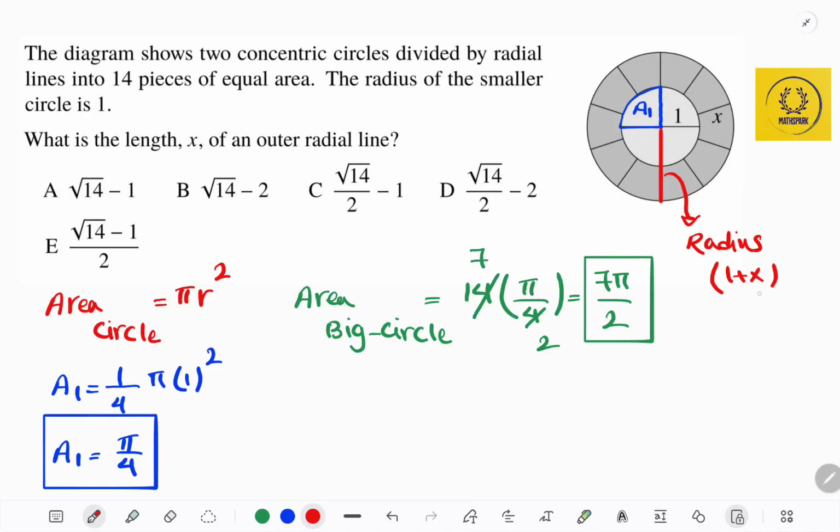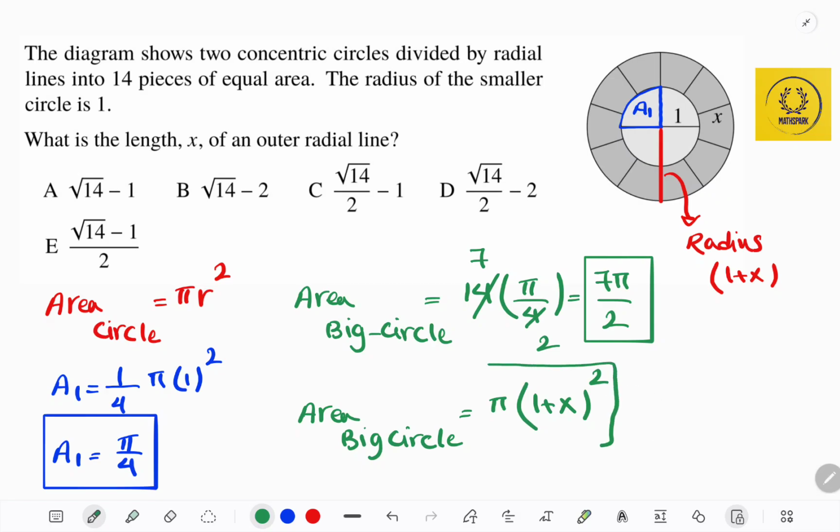So using 1 plus x, I'm going to write the area of this circle in terms of x. The area of this big circle is pi r squared, and r is 1 plus x, squared. So this is another expression for the area of the big circle.